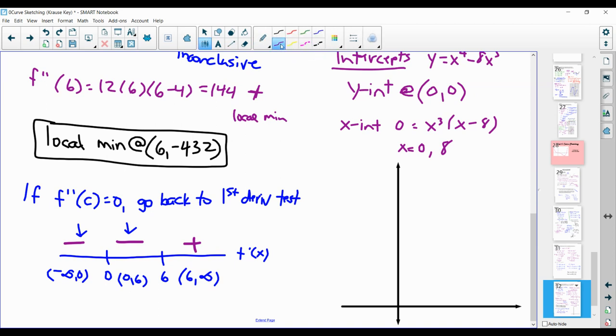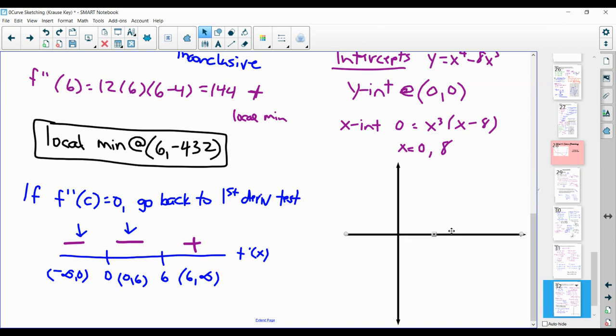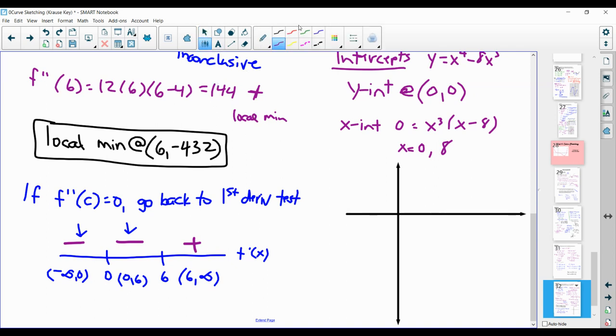We know that we have an intercept here at 0, 0. I'm just going to shift this up a little bit, because most of the graph is falling below 0. We have a critical point here at 0, 0.